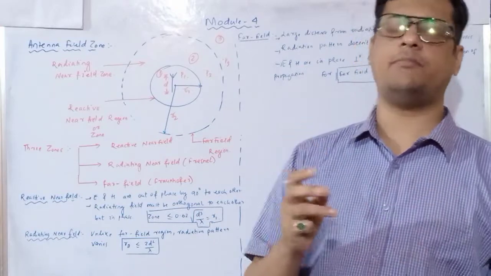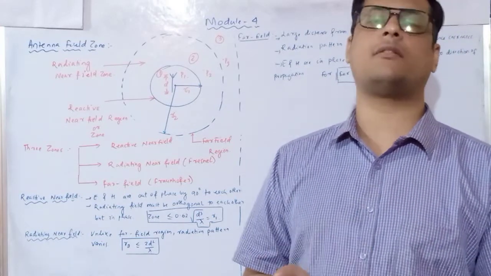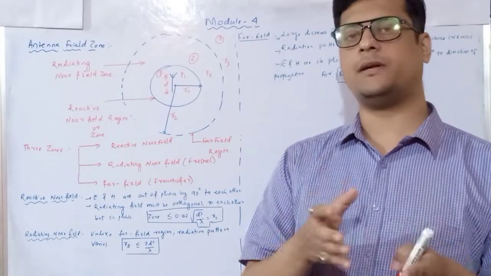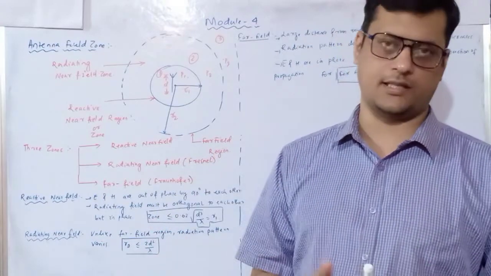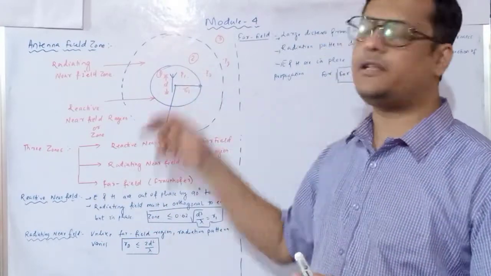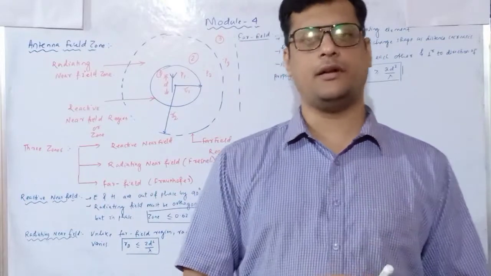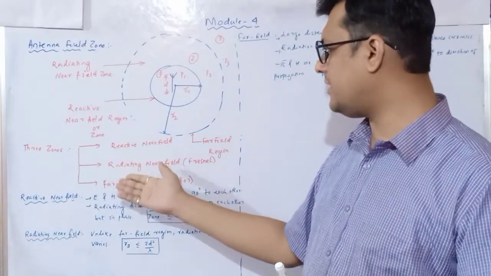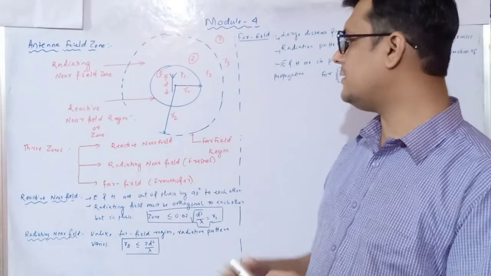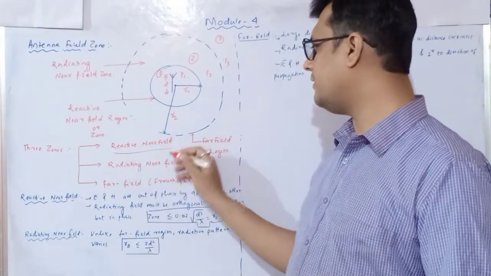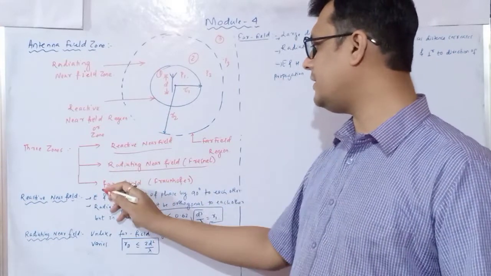So these are the three basic zones available for any radiating element, but with respect to the radiating element the features will change. There are three basic zones: one is reactive near field, one is radiating near field, and one is far field.